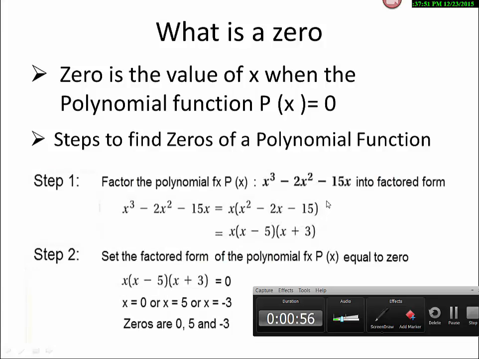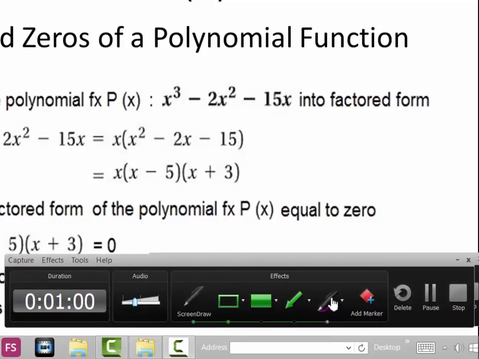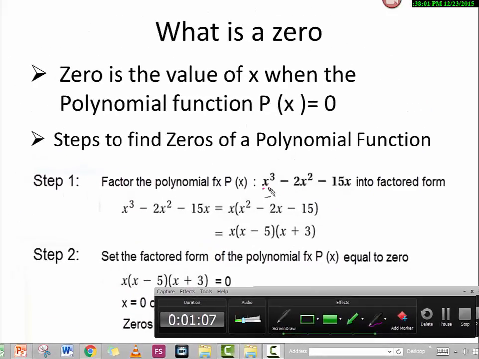We use the example that I gave you in the last PowerPoint slide, which is 3x to the third power minus 2x squared minus 15x. We change this expression into factor form. This is the factor form. So we have three linear factors: x, x minus 5, and x plus 3.